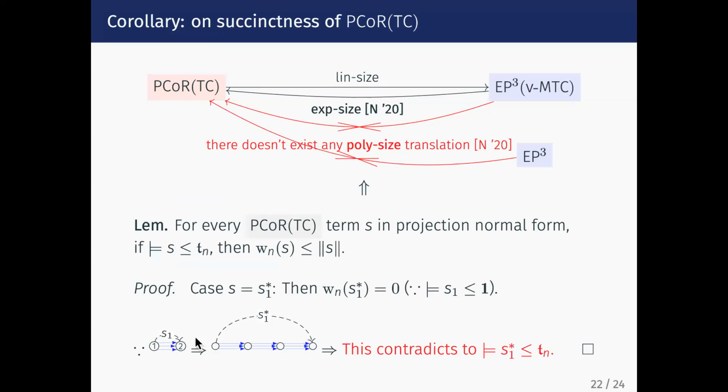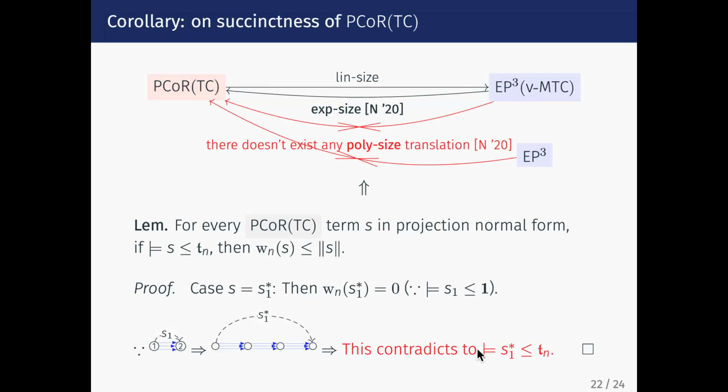As a corollary, we can also show that succinctness holds in the transitive closure case. We can easily strengthen this lemma from PCOR to PCOR TC. It is because in this case, we can show that WNS1 star is equal to 0.